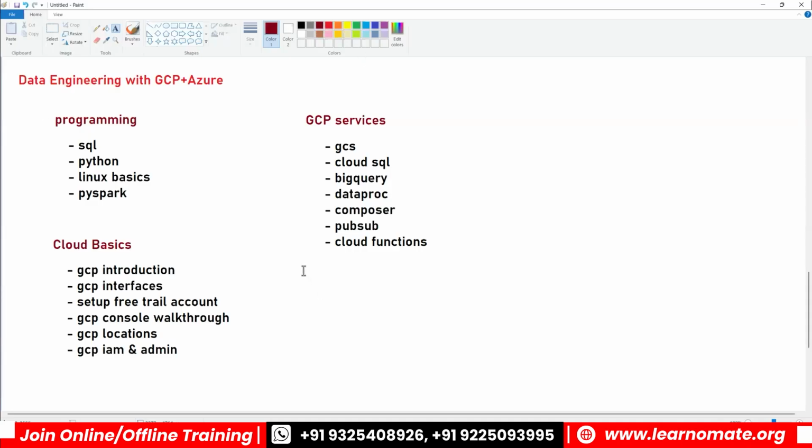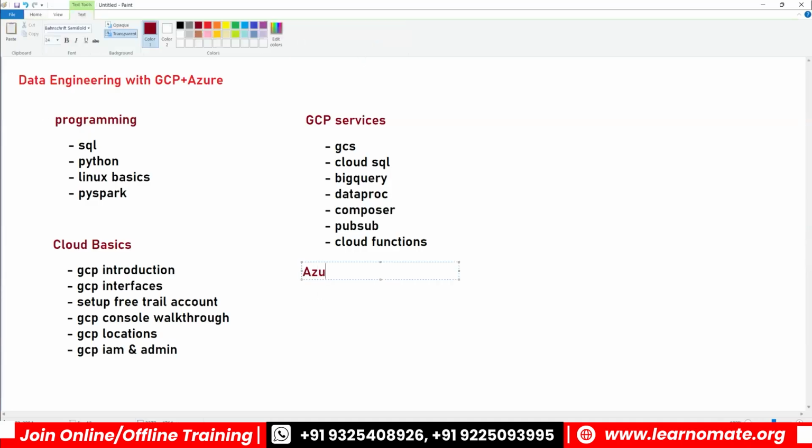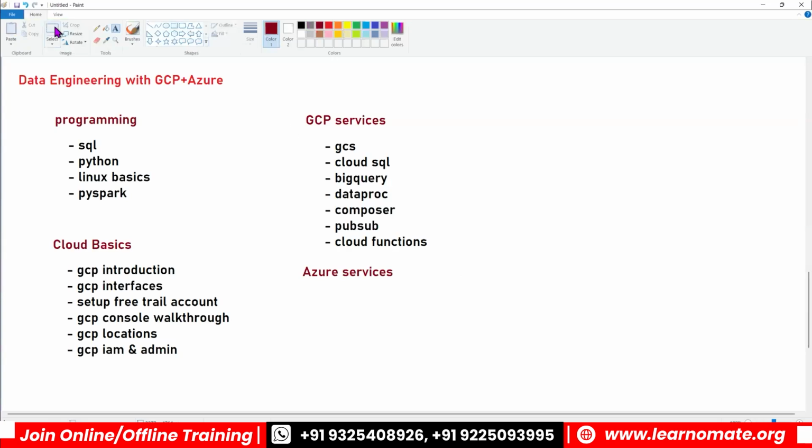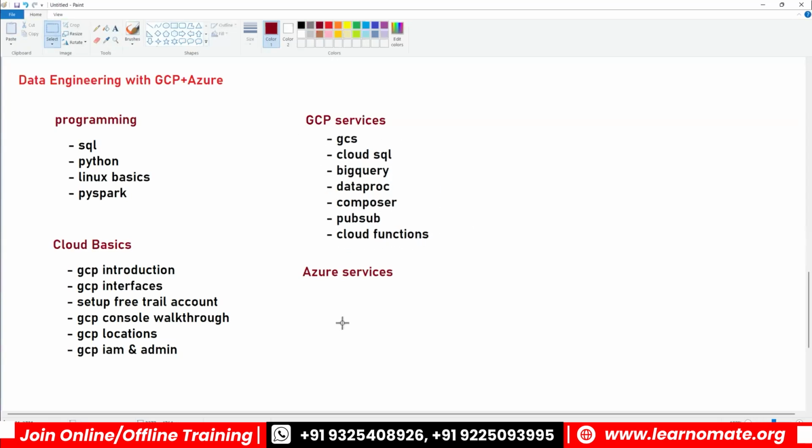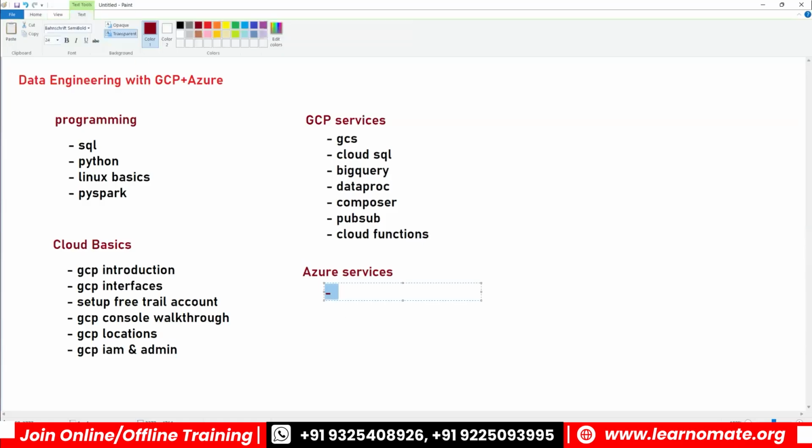Then here, Azure services. As a part of Azure, we are going to first talk about the storage accounts, nothing but ADLS.